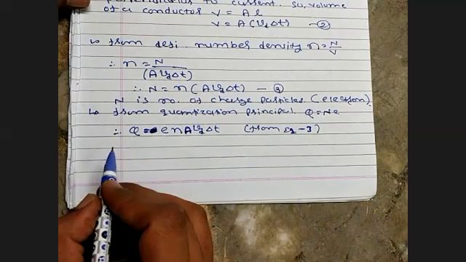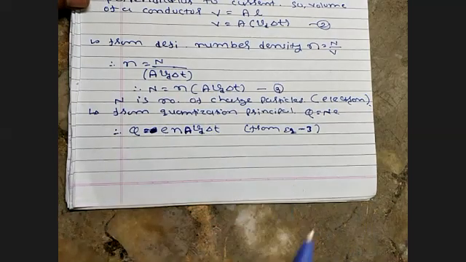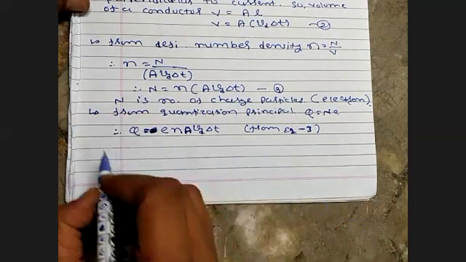Within this delta T time interval, consider the current from any cross section area.